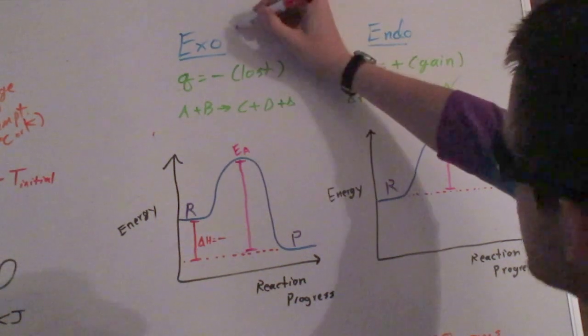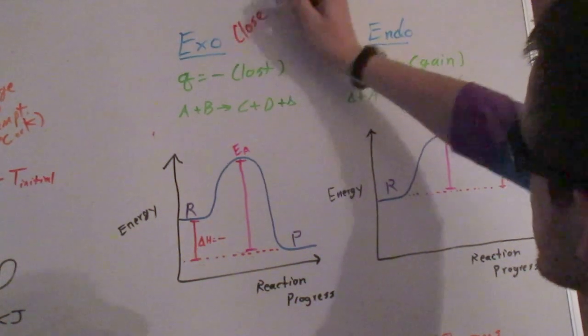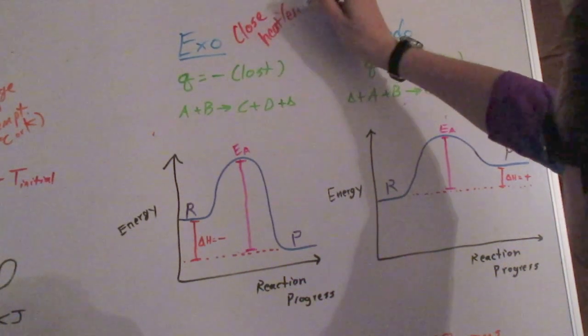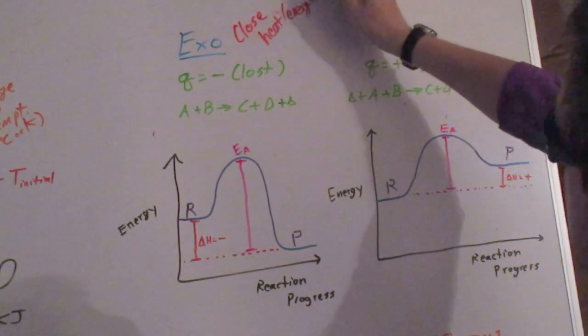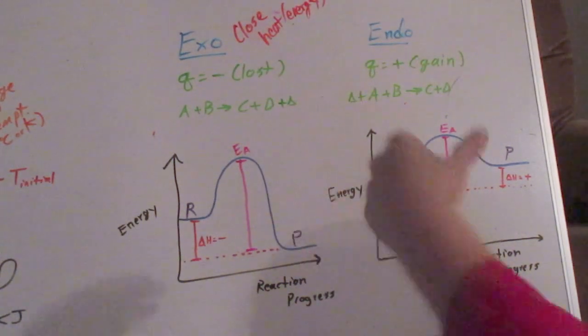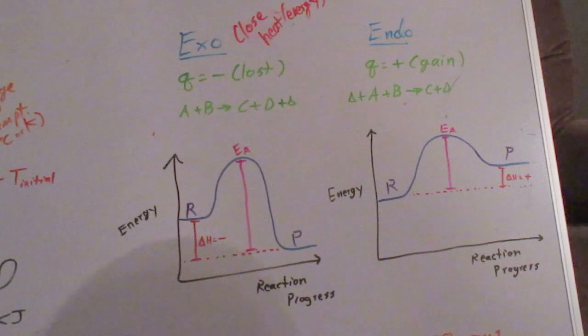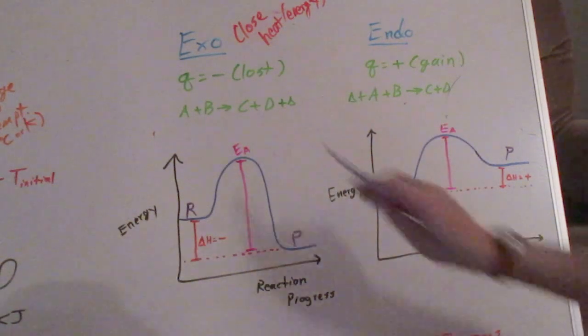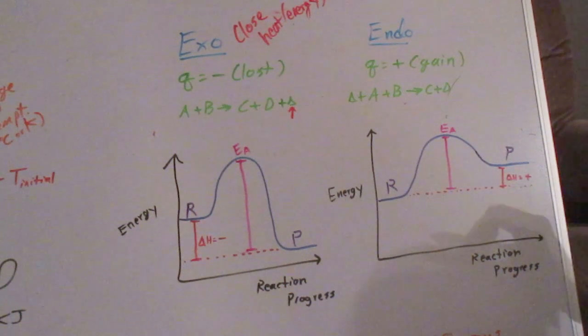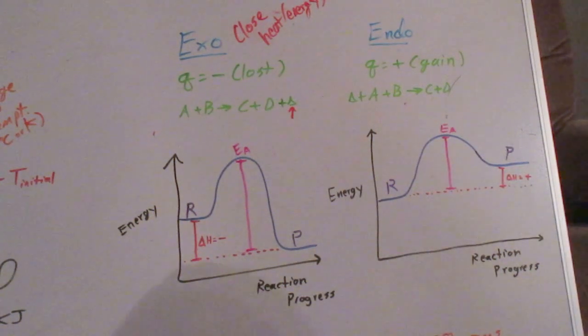Exothermic. Exo means that you are going to lose heat or you are going to lose energy. Because you are losing energy, we would say that it's negative. It is being released, and in a chemical reaction, it's going to be a product in your reaction.